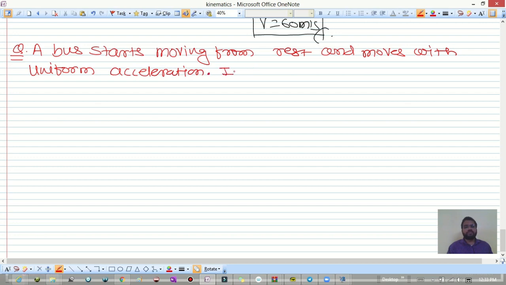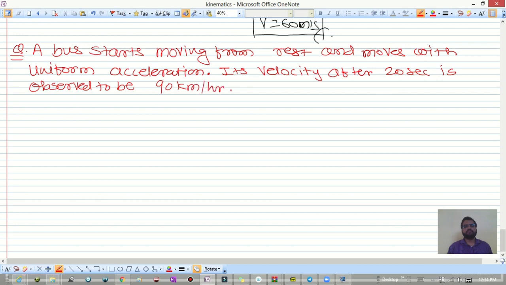Its velocity after 20 seconds is observed to be 90 kilometer per hour. Calculate the magnitude of acceleration.